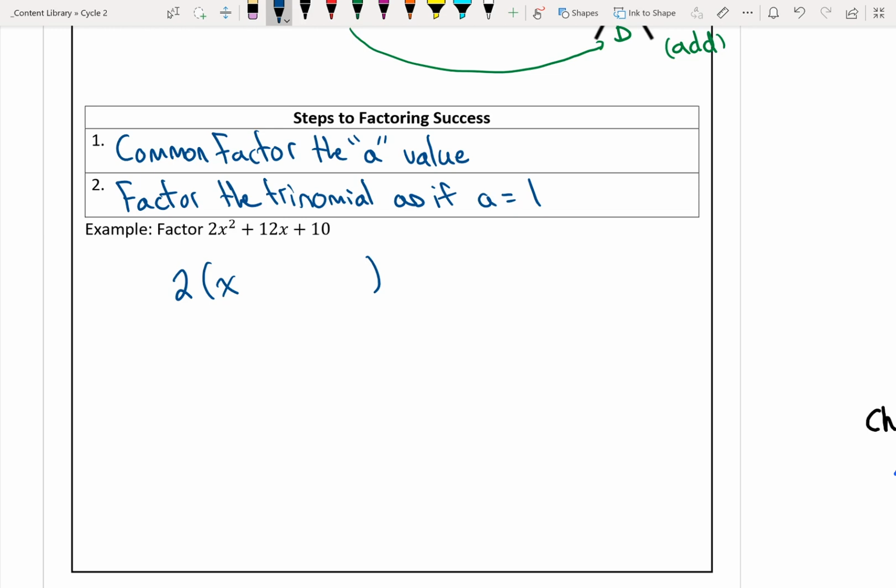So 2x squared divided by 2 is 2, 12x divided by 2 is 6, 10 divided by 2 is 5. So now I've common factored. So let me just write this off to the side just so we can kind of follow along. So this is common factoring.